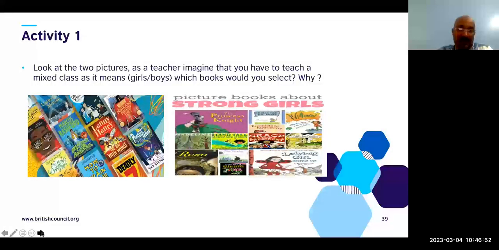Please have a look here. We have two groups of books, and you can share your answers in the chat box or a message. Which book will you select to teach your mixed class, boys and girls?